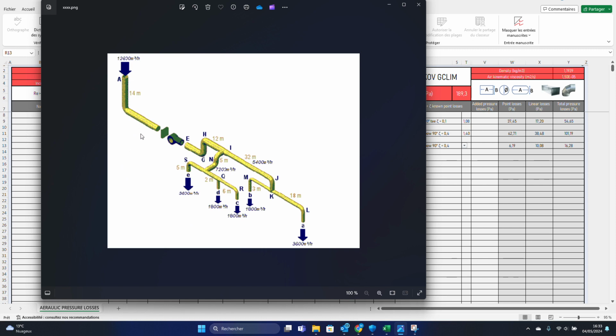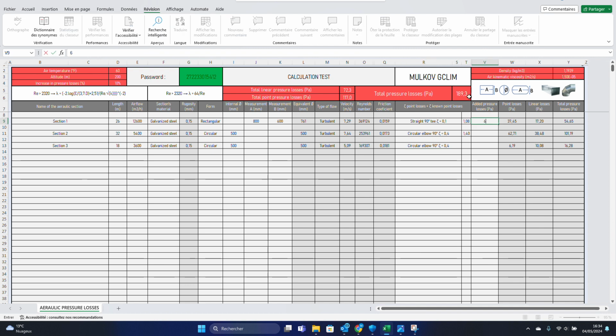If we know that for a classic sun trap it's around 60 Pascal, we can put directly there 60 Pascal, and the calculator is going to add this value with the pressure losses calculated by the zeta here. So for the total of this installation, we have a total pressure loss of 255. So the video is finished.